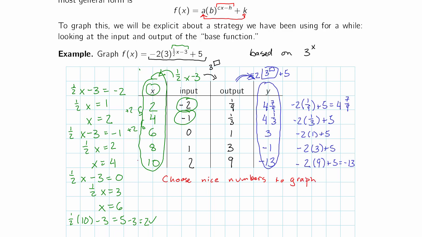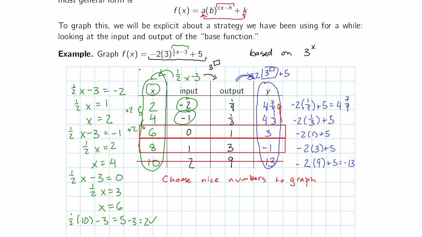In order to do that, I don't want that row, because x is 10, y is 13. I don't like either one of those. I definitely want this row, 8, -1. I definitely want this row, 6, 3. Yeah, I like those. And then these two I'm just going to take into advisement.